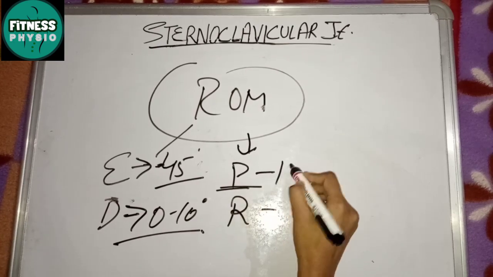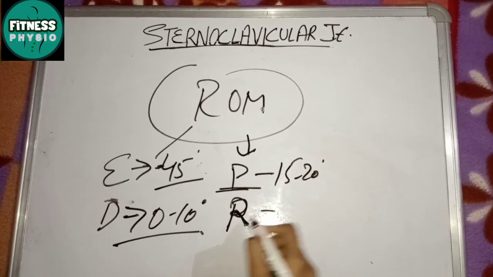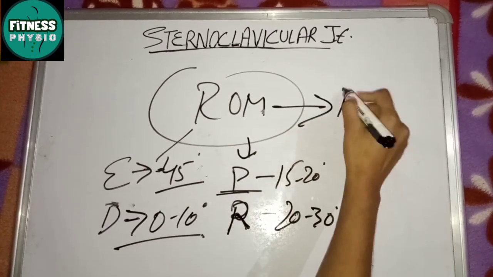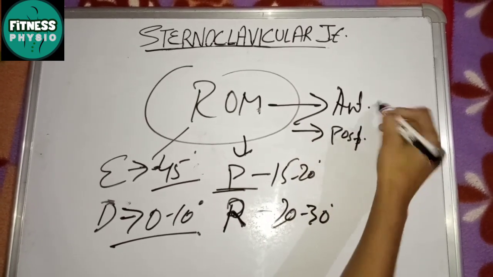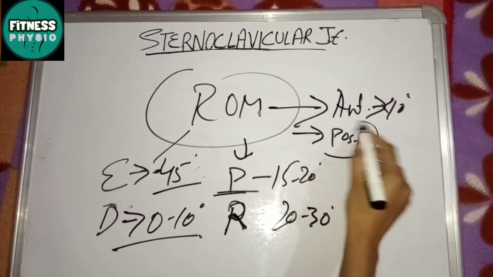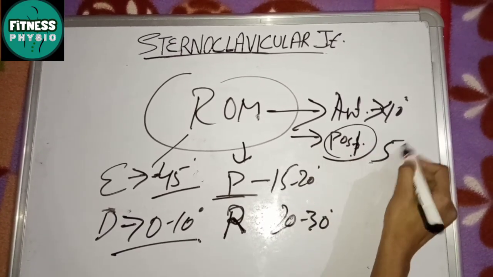Protraction is 15 to 20 degrees, and your retraction range of motion is 20 to 30 degrees. Now last is your anterior and posterior rotation. Anterior is less than 10 degrees, and your posterior rotation is 50 degrees.